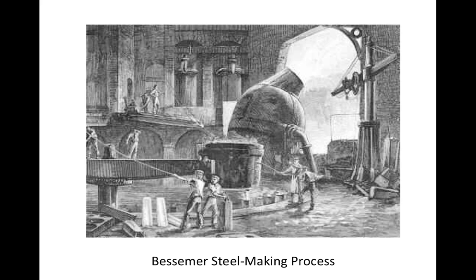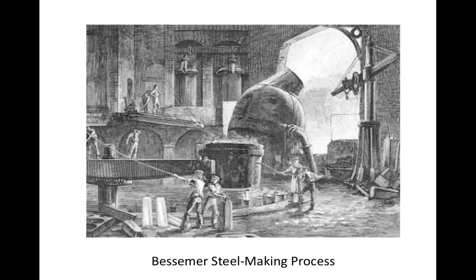Other technological innovations included innovations in steel making. The railroad lines that crisscross the United States that could carry bigger and bigger loads, bigger and bigger rail cars, were made possible by stronger material thanks to the Bessemer steelmaking process.